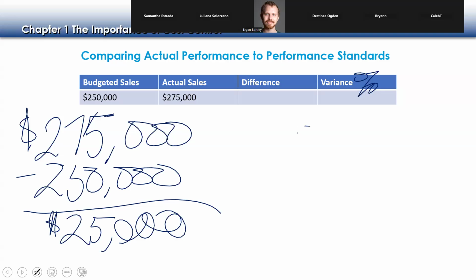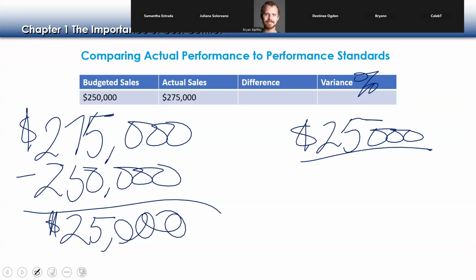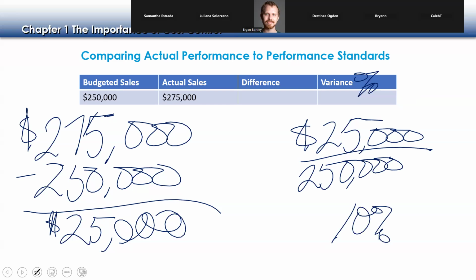And so now we take that $25,000 and divide by our budgeted of 250,000. And we get what? 10% positive. It's positive, which means we budgeted to bring in 250,000, but we actually brought in 275,000. So maybe we had a big push to get our servers to sell more appetizers or sell desserts, and we can raise our revenue. Okay.